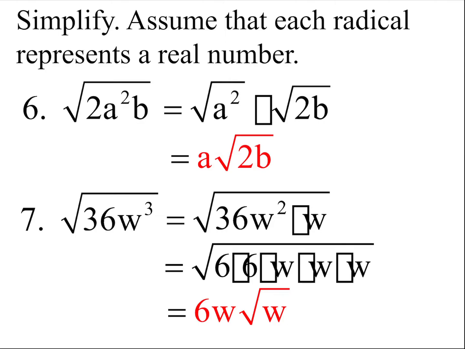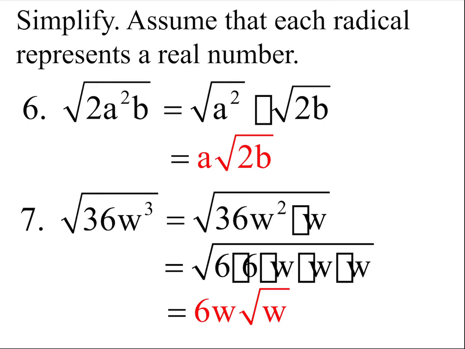We wouldn't have any real solutions in there. We're missing i's and stuff. So for number 6, the actual solution has to be the absolute value of a times the square root of 2b. Okay? Because in this case, n was even. So this needs to be the absolute value of a times the square root of 2b.